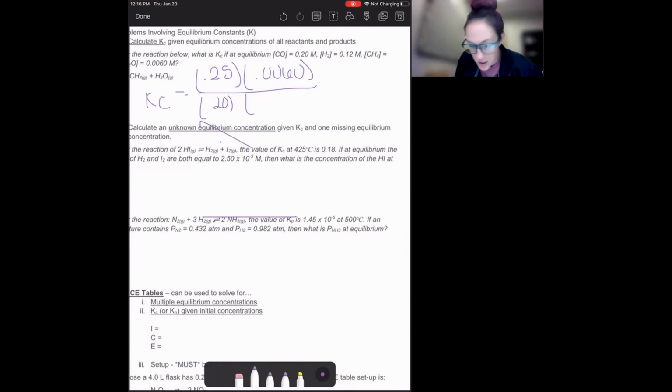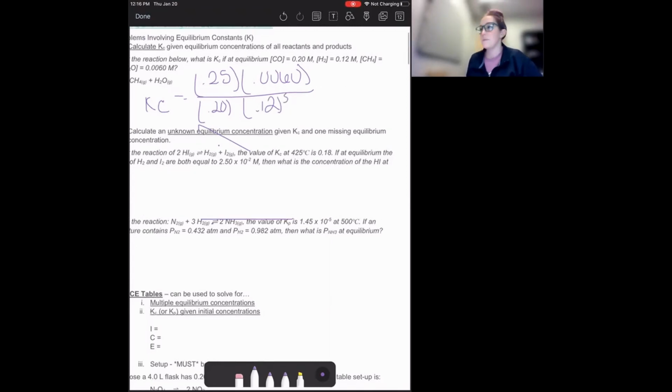So H2's concentration is 0.12, and that one would be cubed. Essentially you need to be careful when you're typing these into your calculator. Make sure the cubed is just on the 0.12 on the bottom.